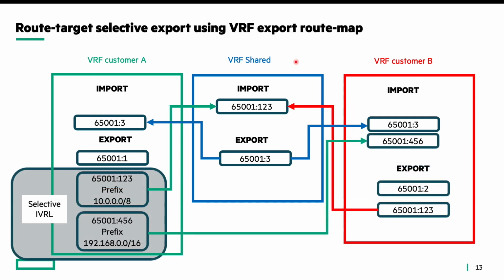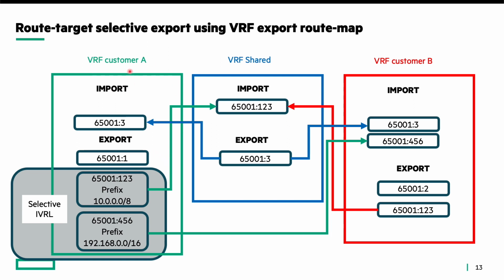Another concept that we are going to see later on is selective route target export. We'll see the use case later on, but it might be that we don't want to leak exactly the same prefixes to all ingress VRFs.